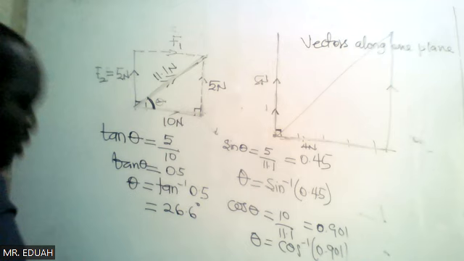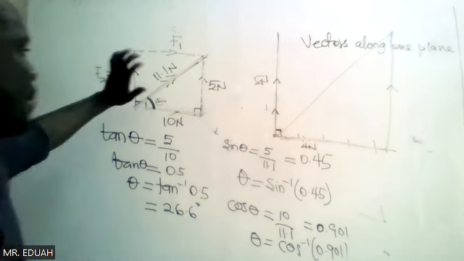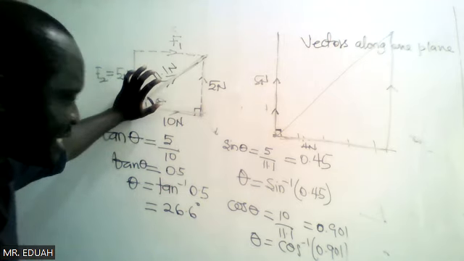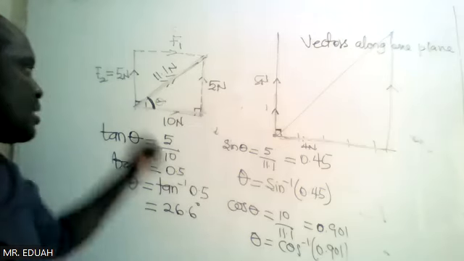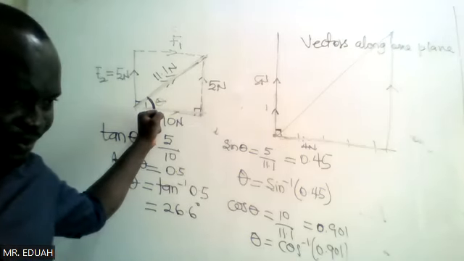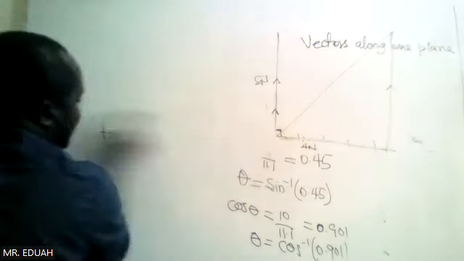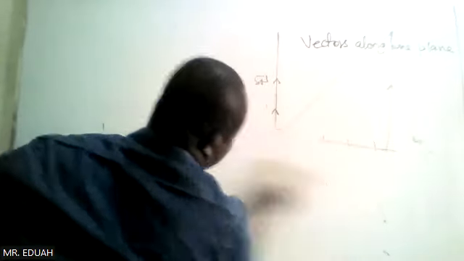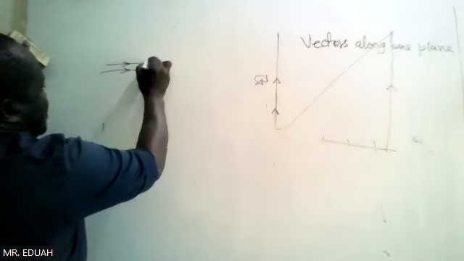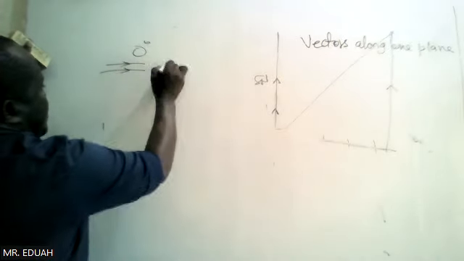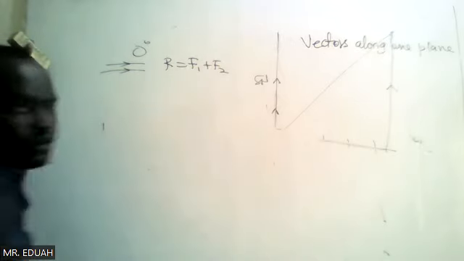All right. So when vectors are perpendicular, the resultant is obtained by using Pythagoras theorem. We've learned when two vectors are acting in the same direction, the angle between them is 0 degrees, and the resultant is equal to F1 plus F2.